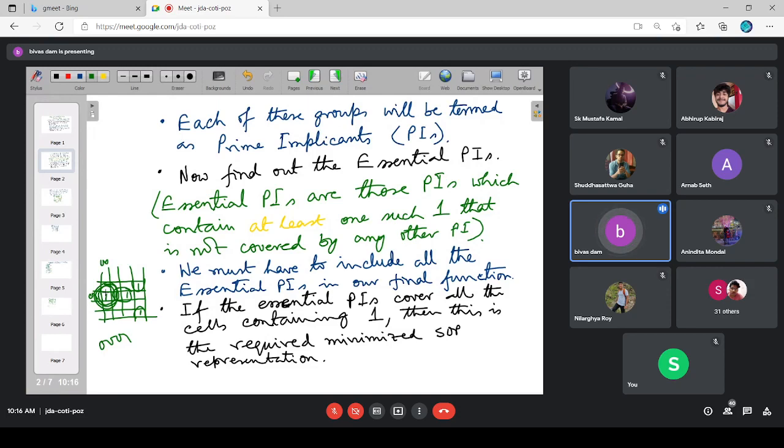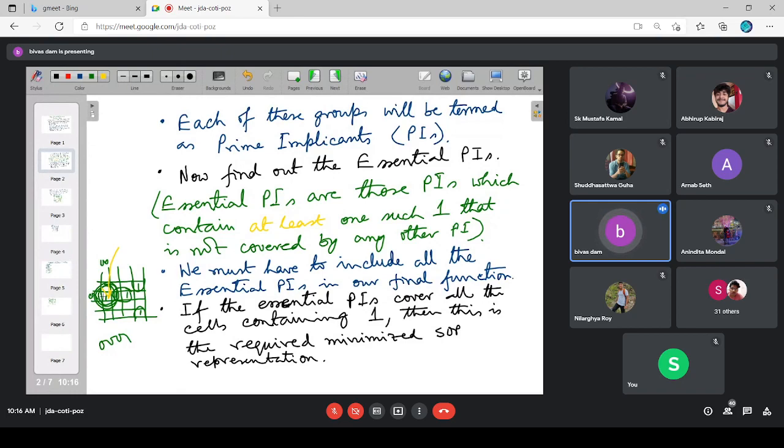So what the function will provide? If the function does not provide logic 1 output, what the function will provide ultimately? 0. So the function can have only two values, either 0 or 1. If I fail to include this particular cell in my function realization, that implies that I have ignored that cell.